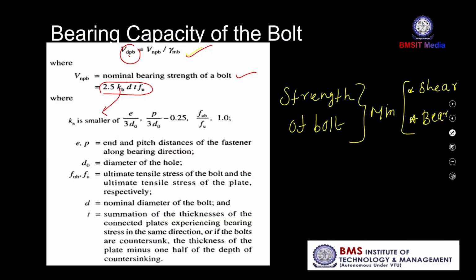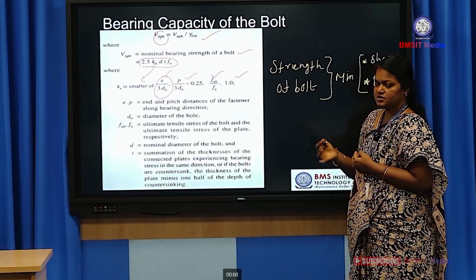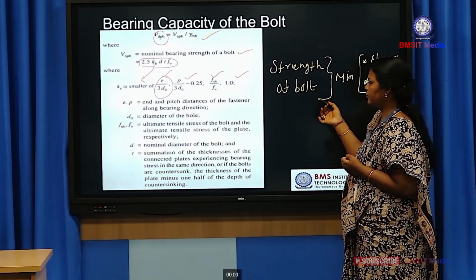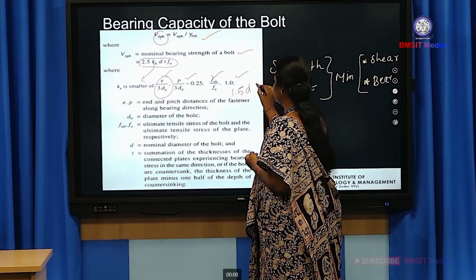k_b is equal to the minimum of four conditions: first condition, second condition, third one and fourth one. Among these four we have to select the minimum one, and that value is considered as the k_b value. Now, what is e divided by 3d_0? e means the edge distance. What is the edge distance? If it is not mentioned in the problem, we can calculate the minimum edge distance. The minimum edge distance is, I think, 1.5 times the diameter of the hole.